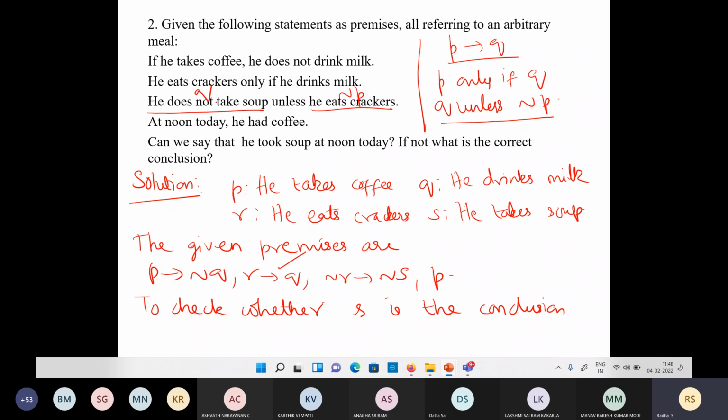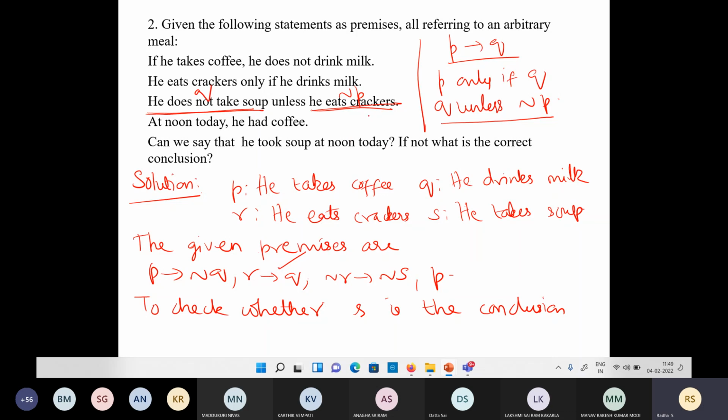Third statement, it is like unless something, right? So Q unless not P, you have to take it as P tends to Q. So that means this is your Q and this is your not P. So what should be your P then? Now you have to write that as P tends to Q. So what is P? Negation of this.